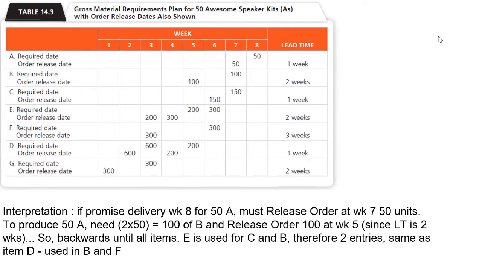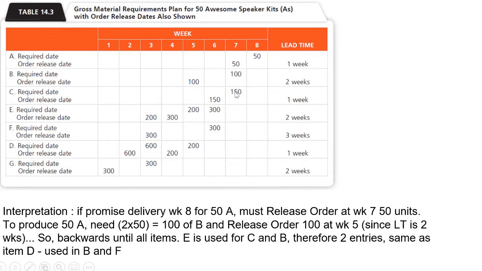So finally, this is what we have developed actually. If you see here, week 8 required date 50. Then the order release is week 7, which is 50. For B, because of the requirements that we calculated just now, you need 100 of Bs. So it will be released on week 5.